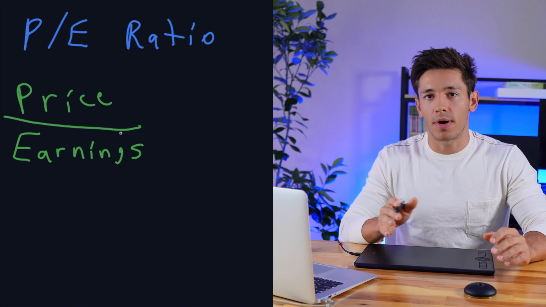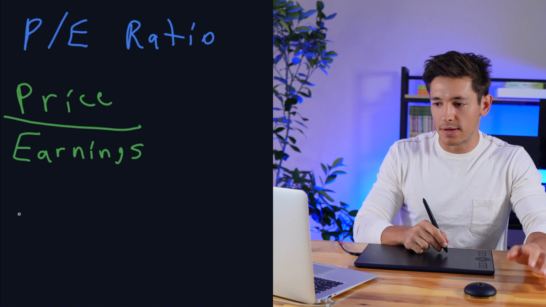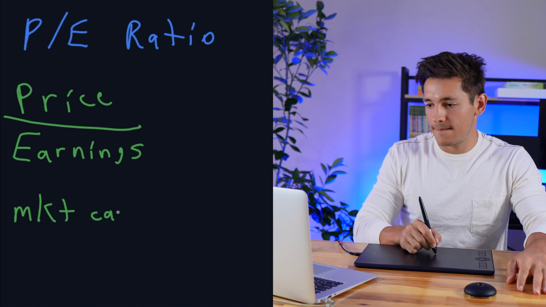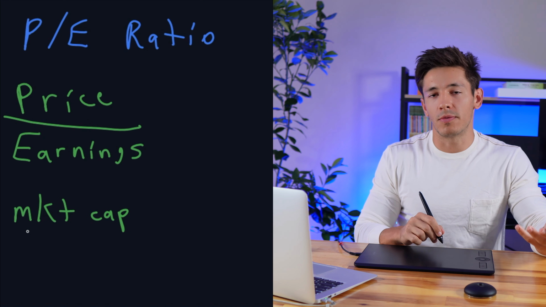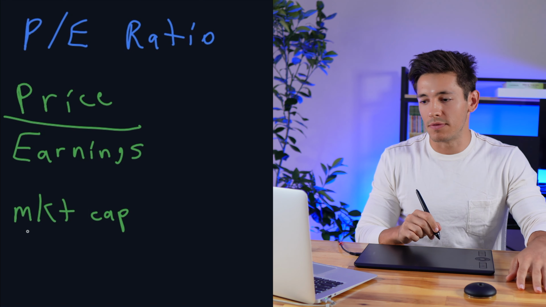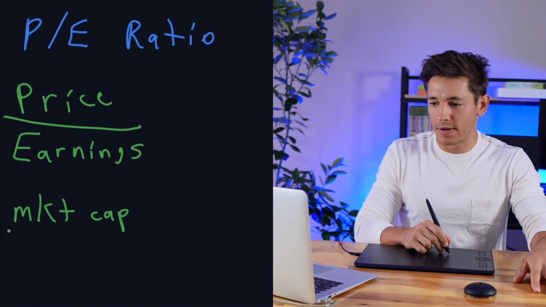And so the price is referring to the price of the company. So that would be the market cap, and that's just the valuation of the entire company. So it's the number of shares times the share price, and that would give you the market cap. So that's the price of the entire company again.